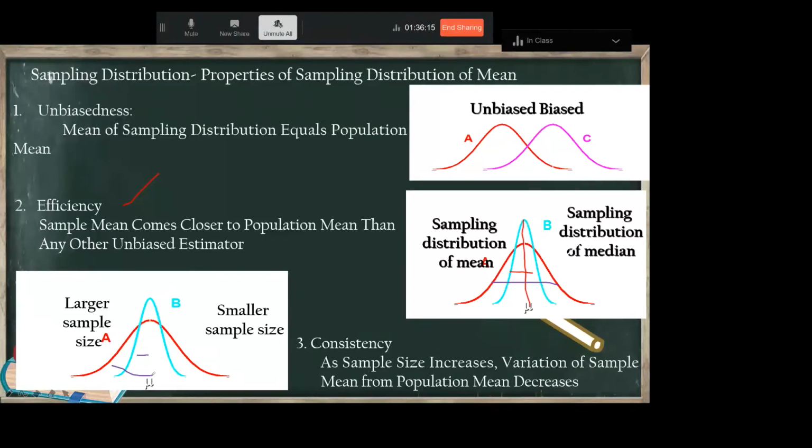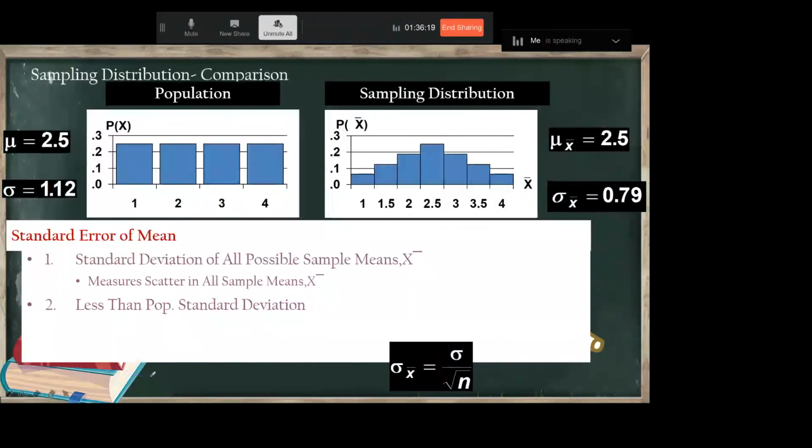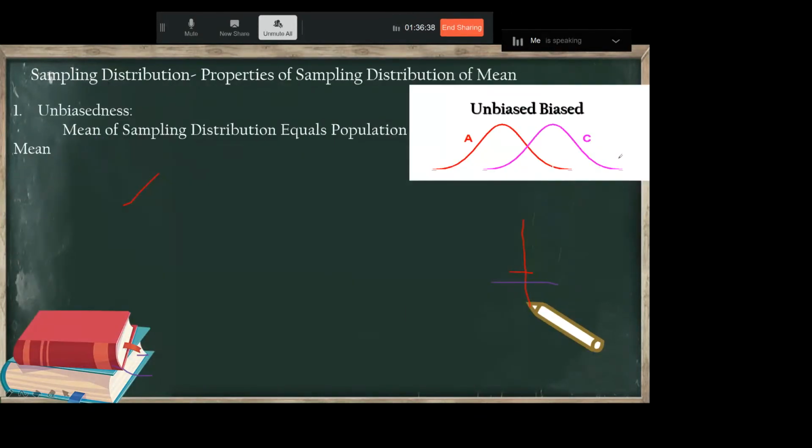So I think this is enough for today's lesson. From tomorrow, first we will talk about the sampling distribution, how the standard deviation of all possible sample means, x bar, is scattered, and then the population standard deviation. We already talked about this one, the mu 2.5 and sigma.